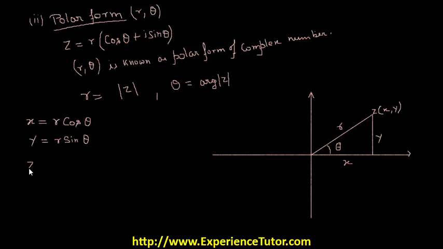Since z is equal to x plus iy, therefore we can write the same equation by putting the values of x and y as r cos theta plus i sin theta.